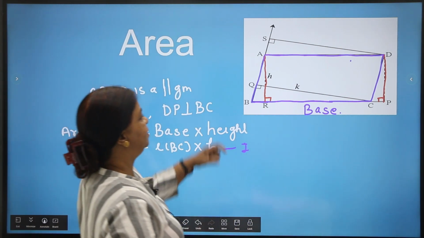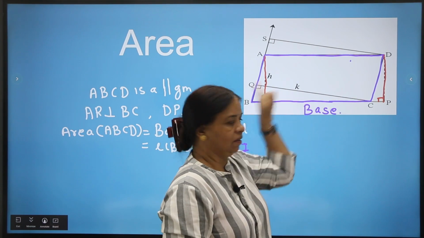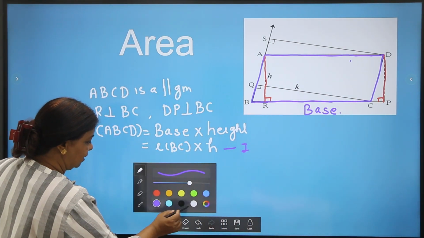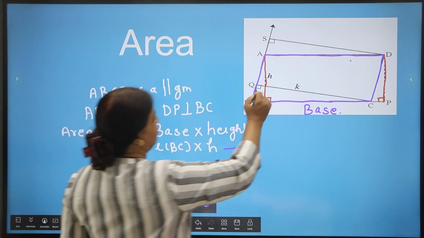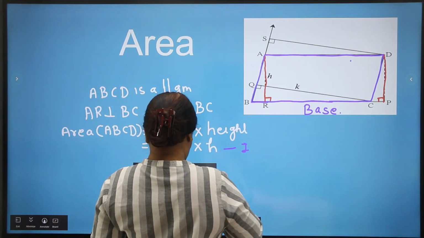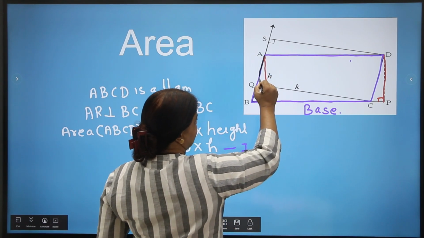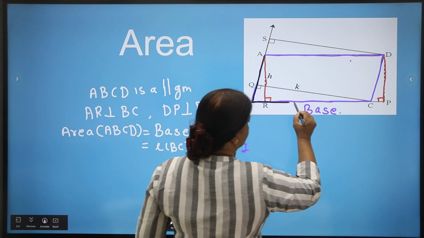Fine. Now when I am considering ABCD only, I will be considering now only ABCD. Again I am tracing it. Let me trace it with black. Now I am considering ABCD only.